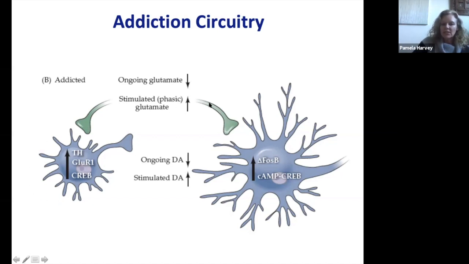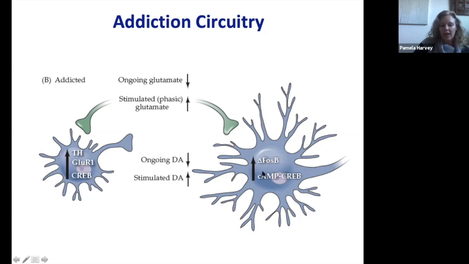You have changes in the postsynaptic cells that will decrease dopamine, will decrease glutamate, will increase glutamate receptors like mGluR1 and the downstream signaling molecules like tyrosine hydroxylase, which you know is involved in dopamine production, and CREB, which changes gene expression in response to glutamate. And there's increased cyclic AMP and CREB in the nucleus accumbens.